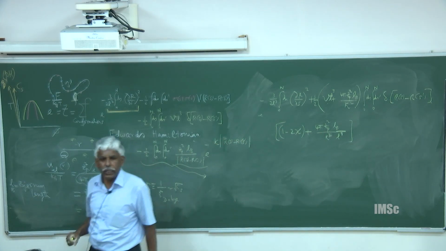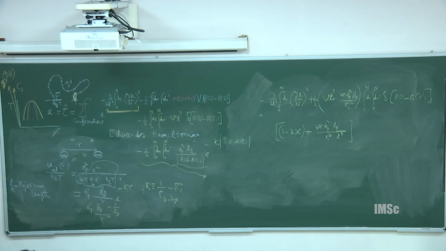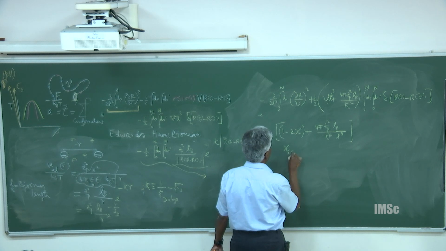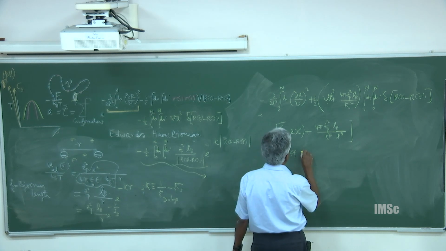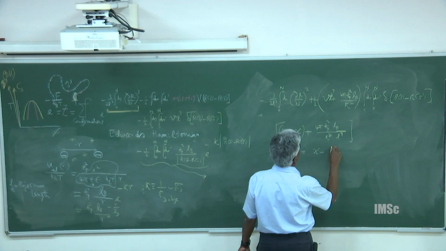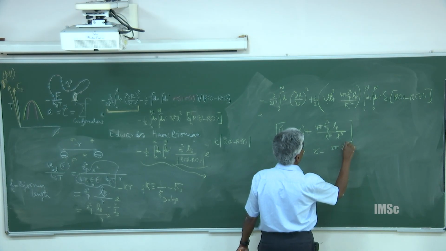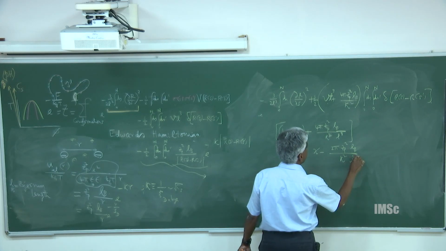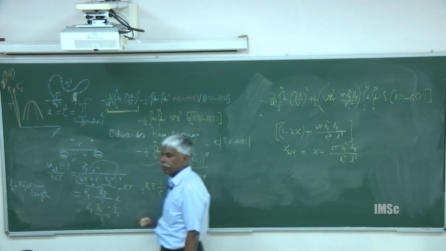Instead of 1 minus 2 chi, I get this. That means I could define chi effective to be equal to chi minus 2 pi Zp squared LB over kappa squared. That is my chi effective.